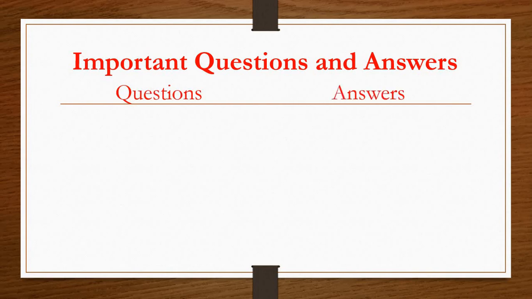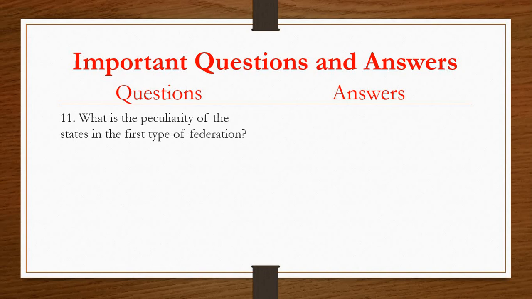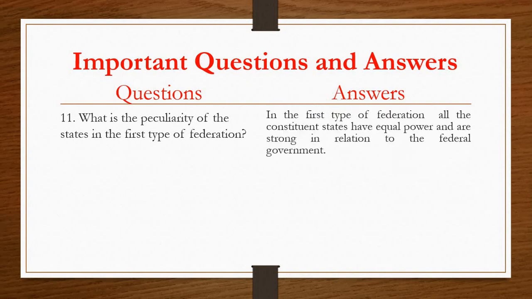So the question is, what is the peculiarity of the states in the first type of federation? The answer is, in the first type of federation, all the constituent states have equal powers and are strong in relation to the federal government.